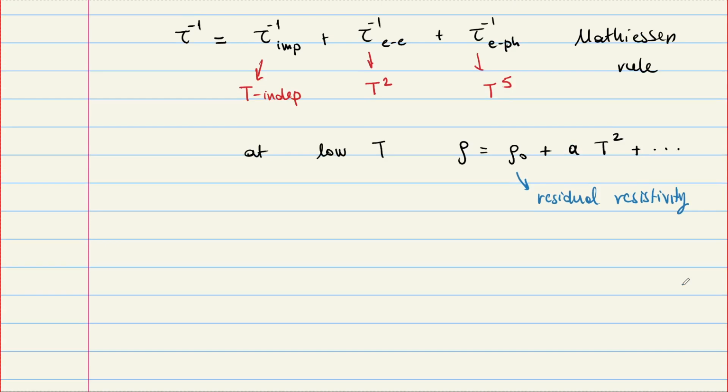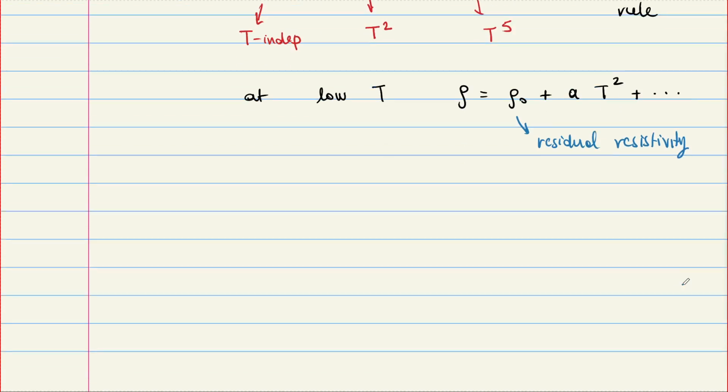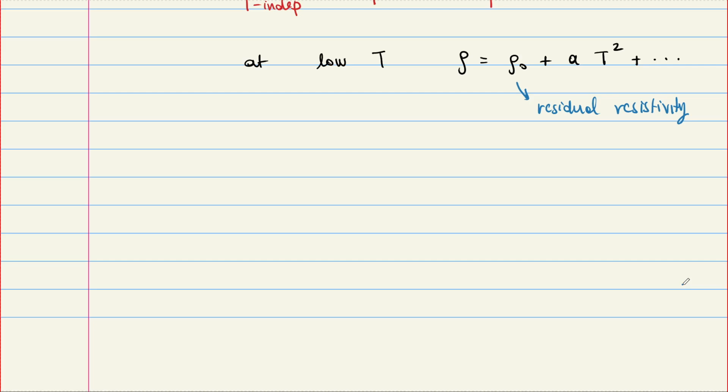And probably many people wanted to test this, but one of the famous people who wanted to test this result was Kamerlingh-Onnes. And what he found was, okay, let me draw.